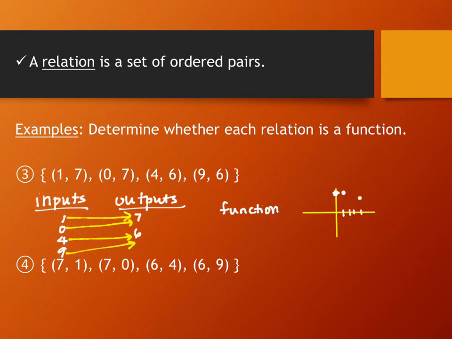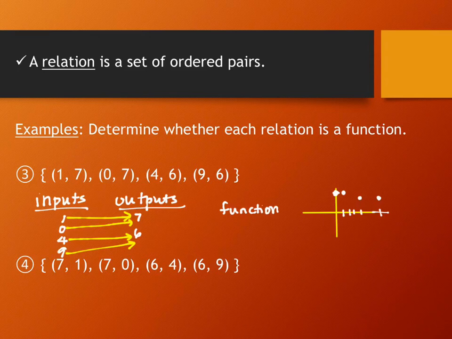And 9, 6, I don't know, it's out here somewhere. It's just 4 dots. But if I drew vertical lines everywhere, most of my vertical lines wouldn't even hit the dots, right? And if one did hit a dot, it would only hit one dot. Every vertical line will only cross one of those dots once. So if you want to think of it from a vertical line perspective, you can do it that way too.